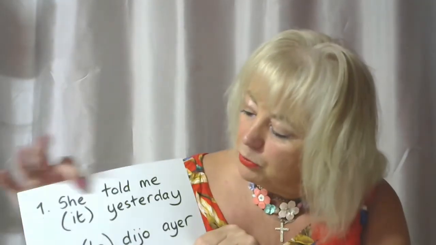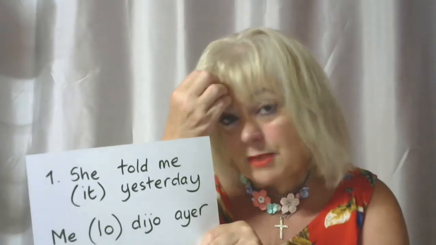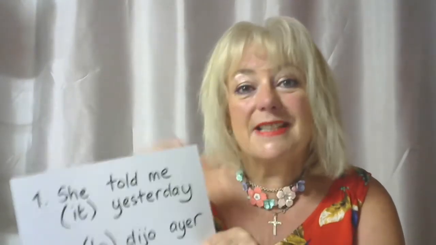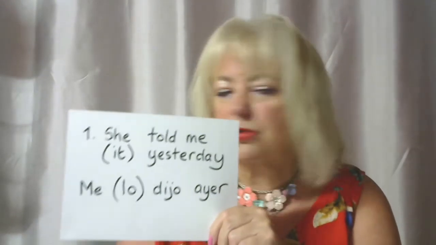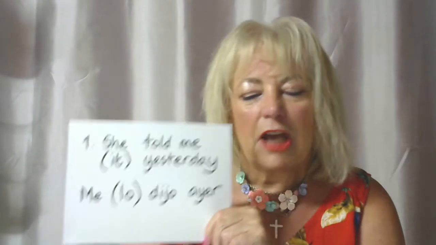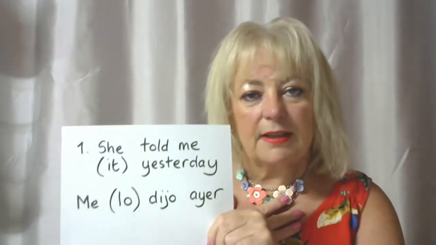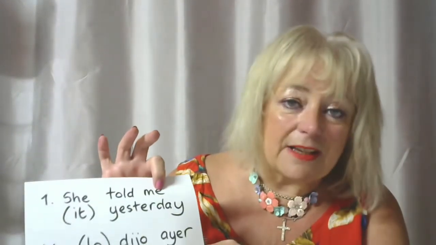So some people would look at that, if it was "she told me", you think, oh, me is the direct object, but me is not the direct object, because the direct object is what she told me. Maybe she told me a story, maybe she told me the truth, maybe she told me a lie, but she told something to me. So whatever she told me is the direct object, and me is in fact the indirect object.